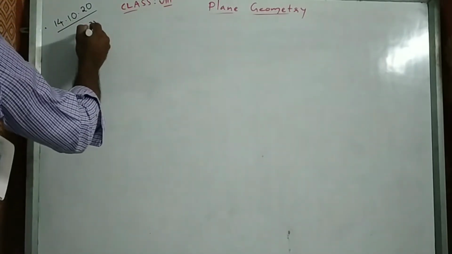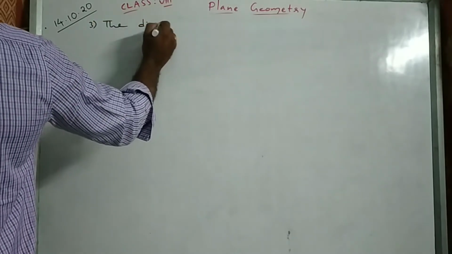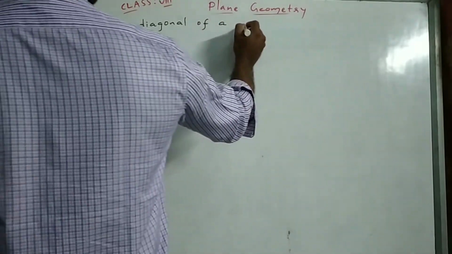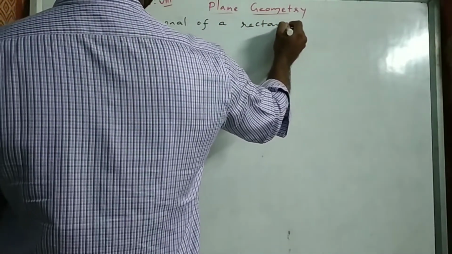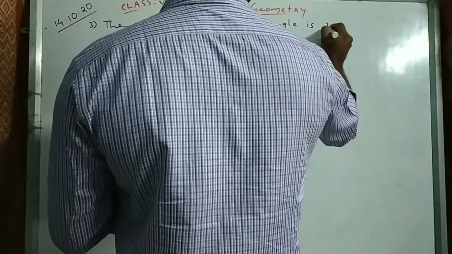Third question. The diagonal of a rectangle is, now diagonal is given. The diagonal of a rectangle is 34 cm.